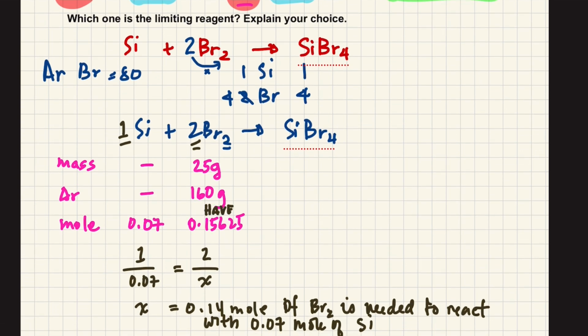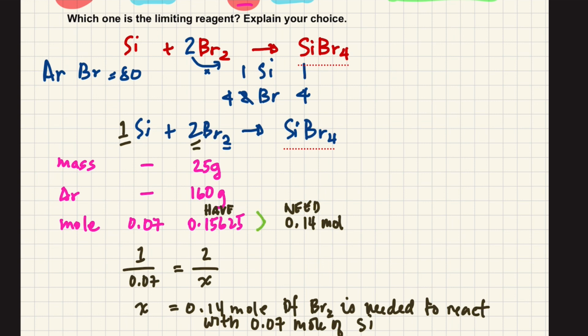At this point, 25 grams of bromine gives us 0.15625 mole. But what do we need? We only need 0.14 mole of bromine to react with 0.07 mole of silicon. So as you can see here, have is greater than need.